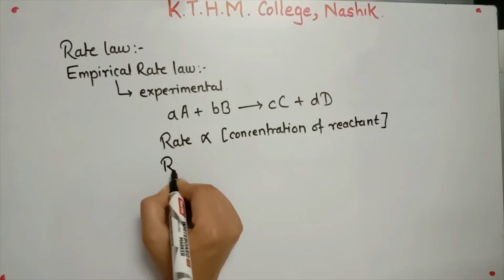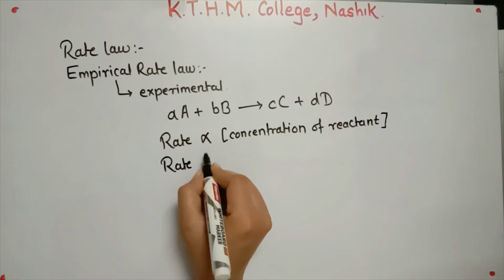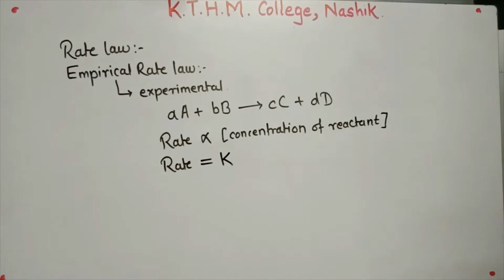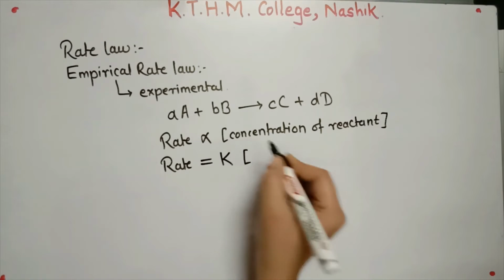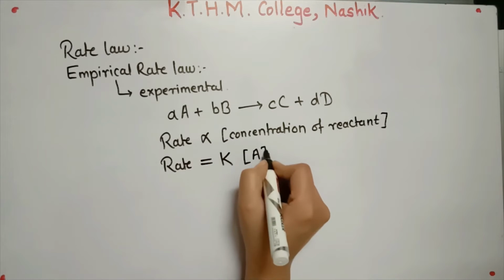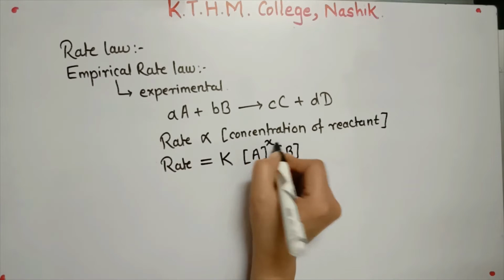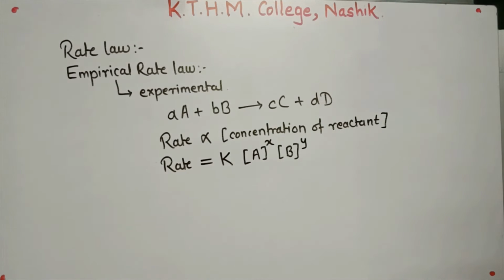So when we remove this proportionality sign, we introduce the new constant, that is K. And here the reactants are A and B raised to some exponent. Okay.